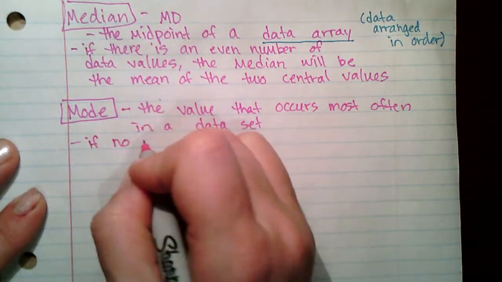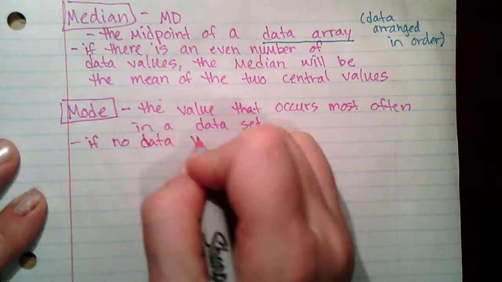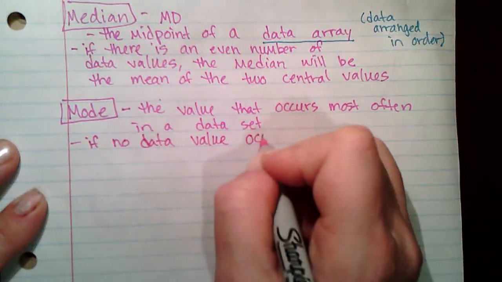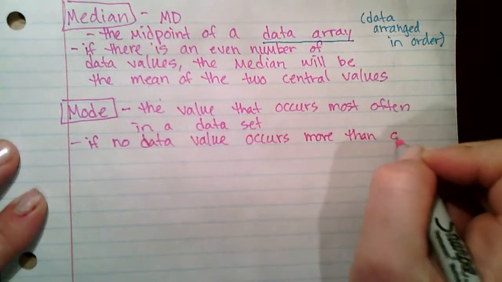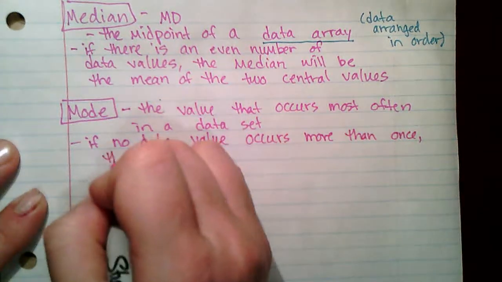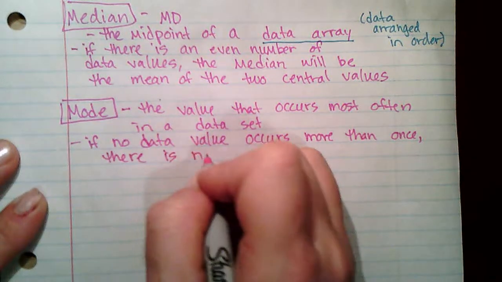So if no data value occurs more than once, then there is no mode.